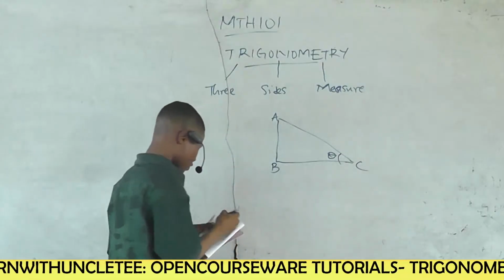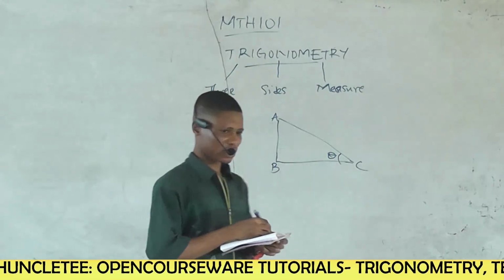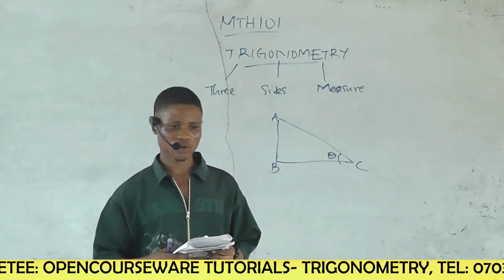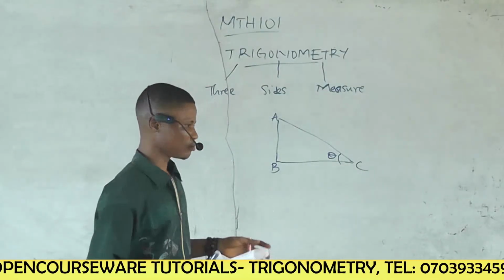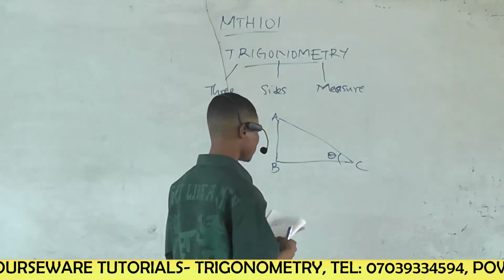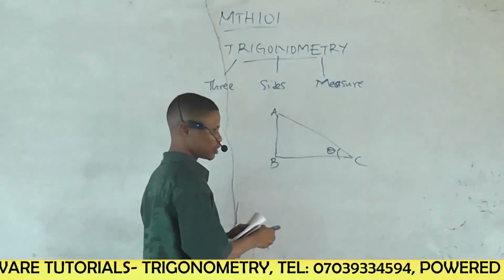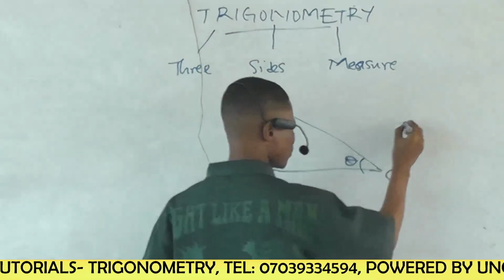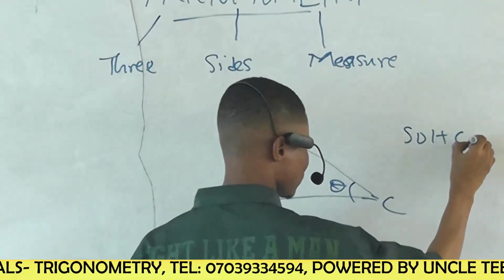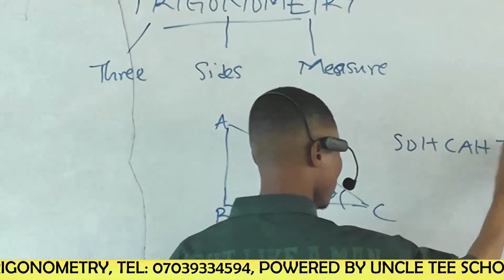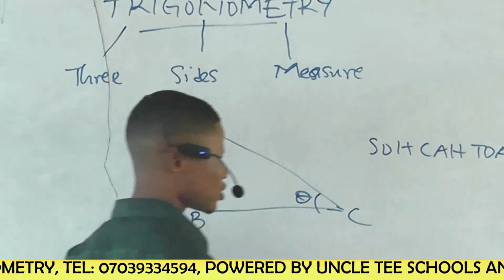Now, from this right angle triangle, we can generate the angle identities. We have something we call trig ratio. Popularly, we refer to it as SOH CAH TOA.